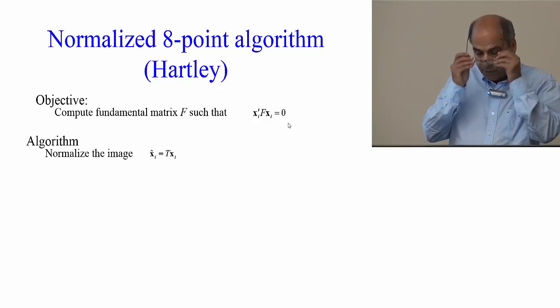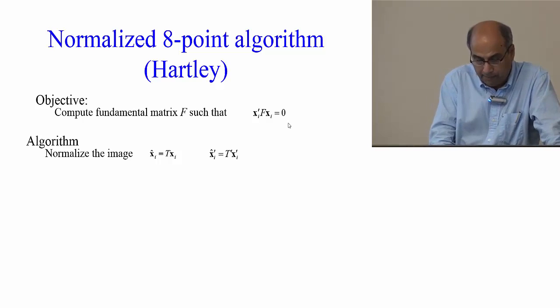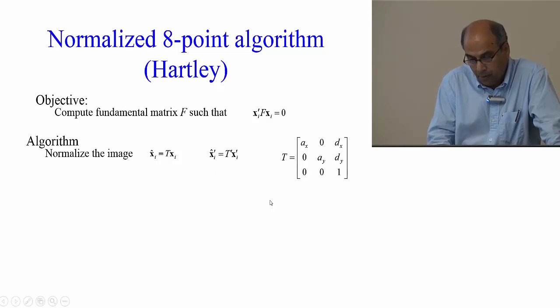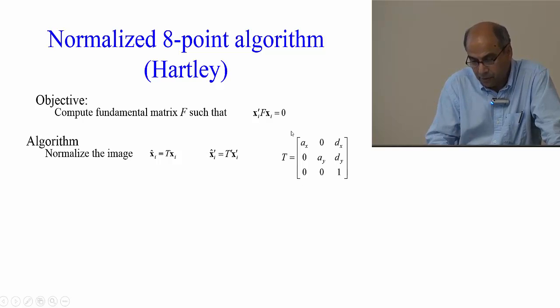So what we will do is normalize the points by applying some transformation T, and we'll call these transformed coordinates hat. So xi will map to xi hat, and then we can map this back.